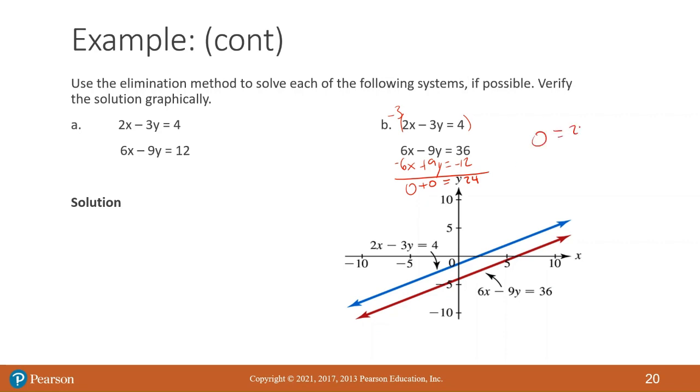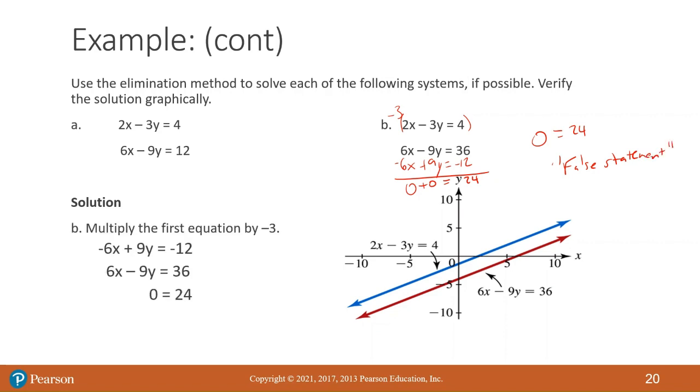So here I get 0 equals 24. That's a false statement. 0 does not equal 24. Because 0 does not equal 24, this is an inconsistent system where I have no solution because the equations never intersect. So here I have no solution.